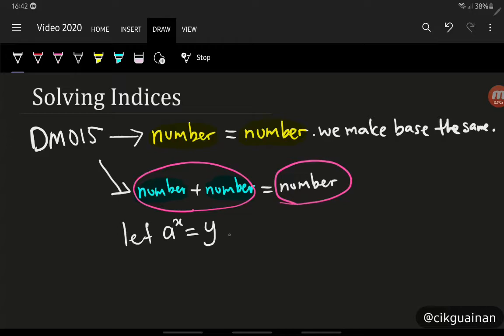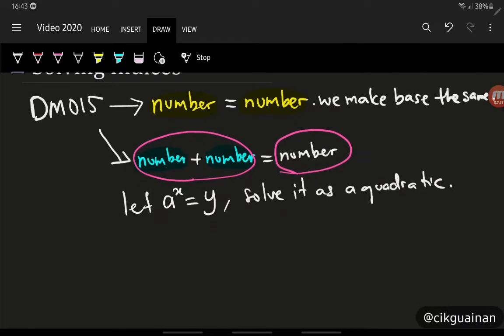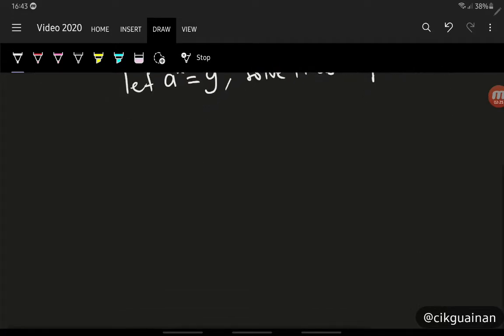And then afterwards, we solve it as a quadratic, and then afterwards we substitute it back. So maybe we do the first one, number equal number. So let's proceed.